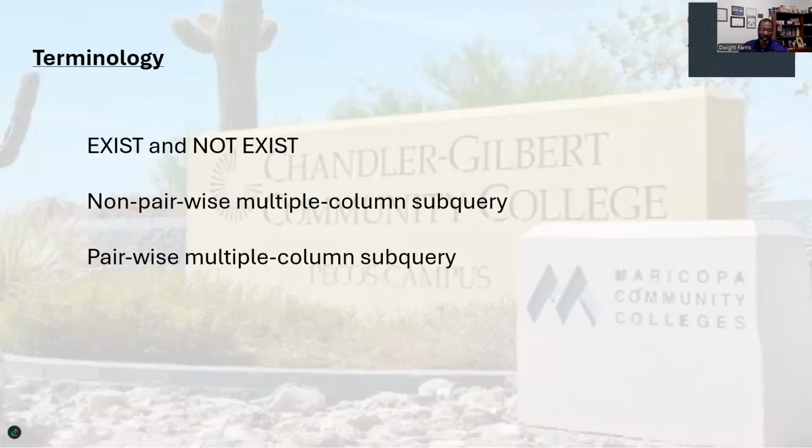So our terminology: EXISTS, NOT EXISTS, non-pairwise multiple column subquery, pairwise multiple column subquery, and multiple row subquery. I forgot to include that, but I wouldn't worry too much about truly understanding non-pairwise and pairwise.